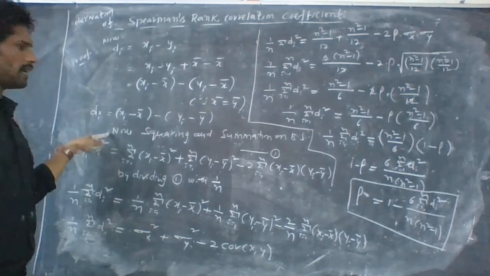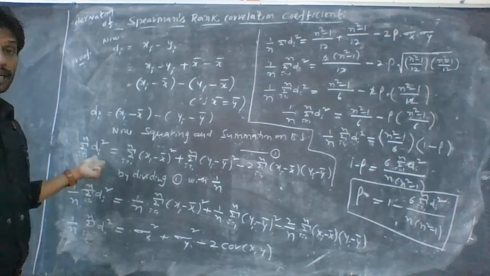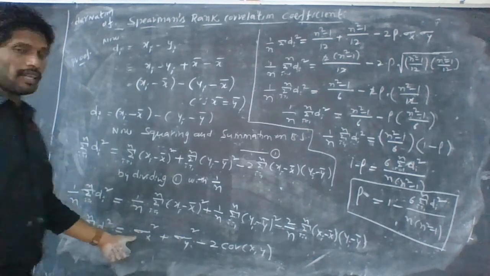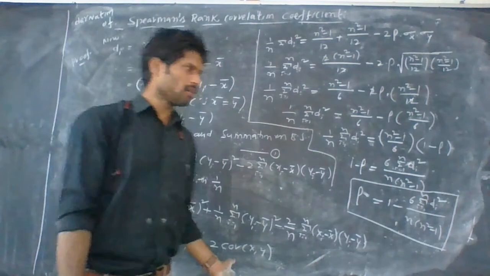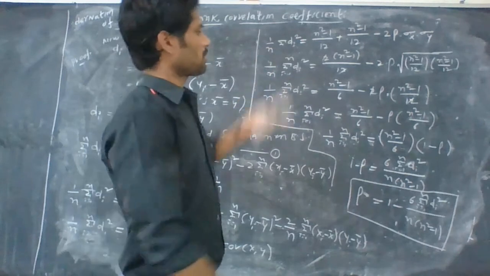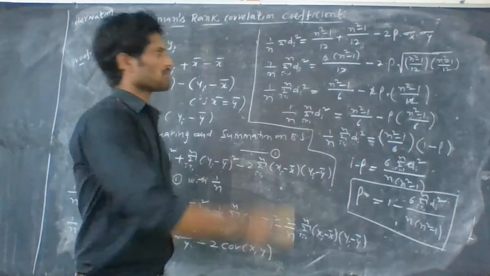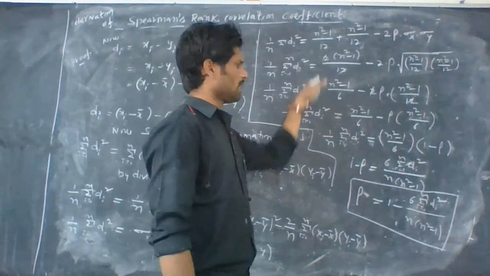Squaring and summing on both sides, then dividing the entire term by n, because it is called variance of x, variance of y, and covariance. The variance of x and covariance formulas were used in the previous section. So we get n square minus 1 by 12 and n square minus 1 by 12, after simplification.